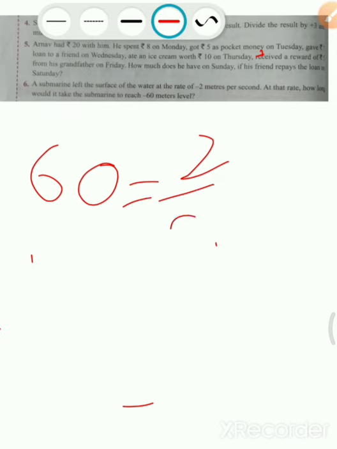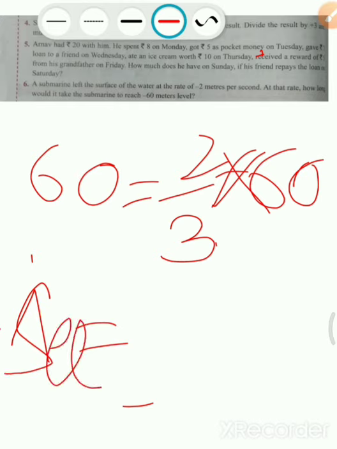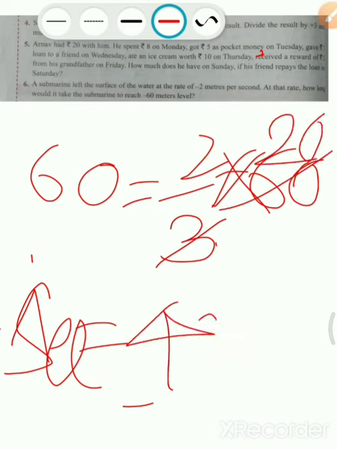Within 2 seconds you can climb 3 stairs. That means if you want to find the time for 60 stairs, you divide 60 by 3, which becomes 20, and then 20 times 2, so 40 seconds are needed for this one.